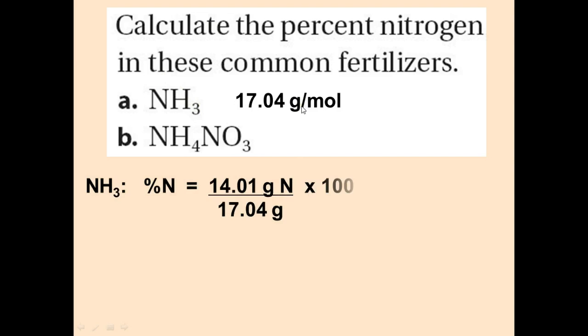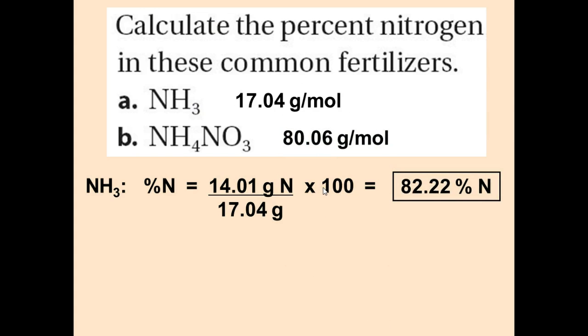So here, the percent nitrogen in the first one, NH3, would be 14.01 times 1, which is the same thing as 14.01, and we divide it by the total, which is right here, the molar mass, and then multiply by 100, and we would get 82.22%. And then we have the last chemical here, and again, I'm nice and I give you the whole molar mass of this compound, and again, it's the same thing.